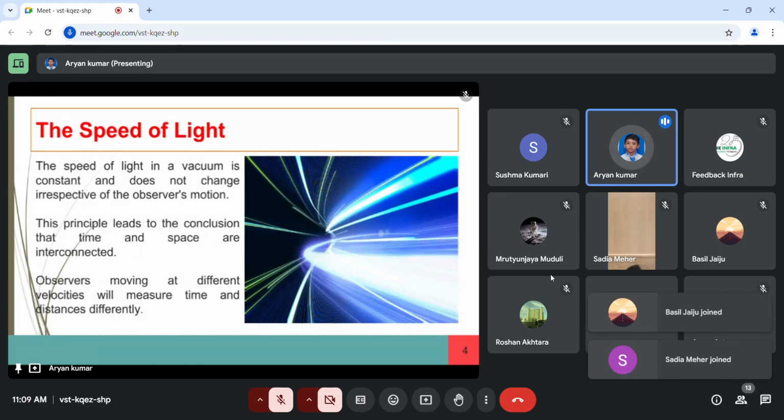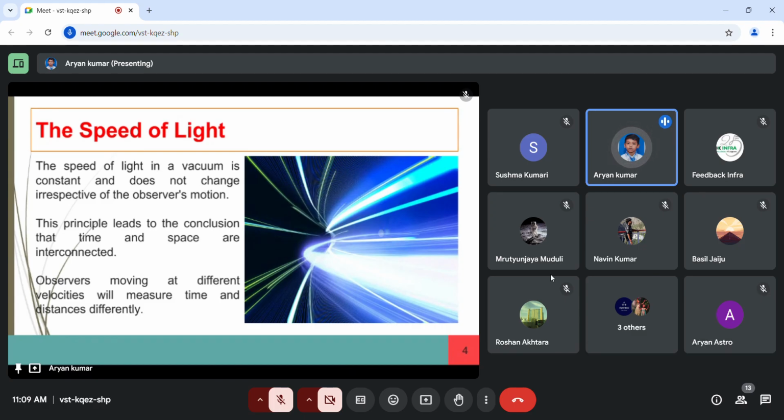The speed of light in a vacuum is constant and does not change irrespective of the observer's motion.